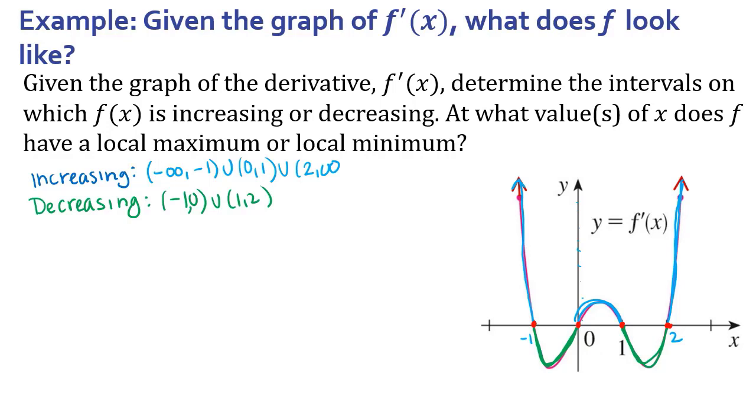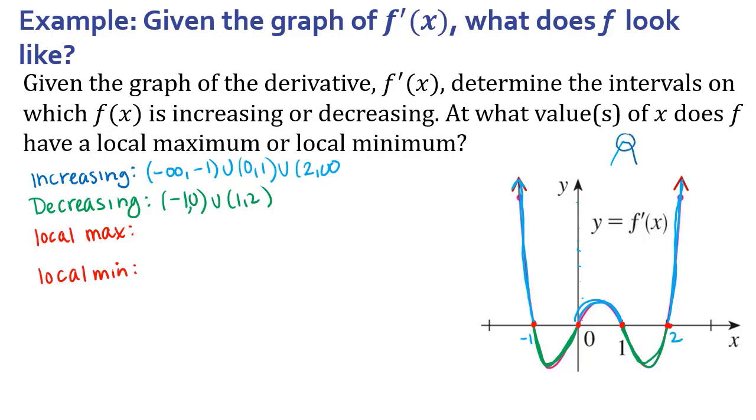So we've got local maximums and local minimums. Okay. So looking at x equals negative 1, let's figure out if that's a maximum or minimum. So we can see here I go from the function is increasing, so that means our original function is going up, and then it goes to decreasing, so that means our original function is going to start going down.